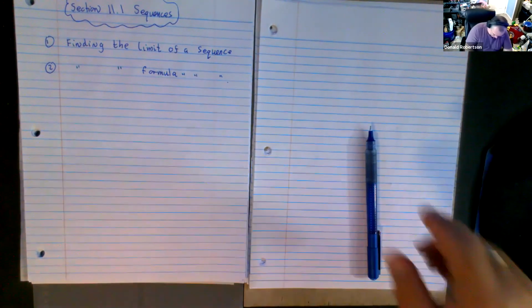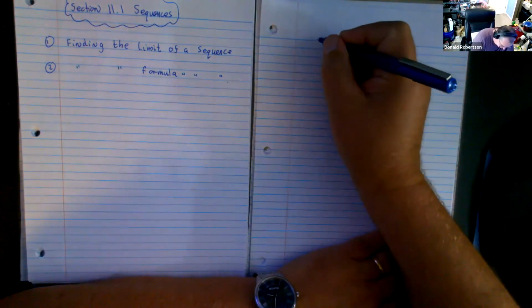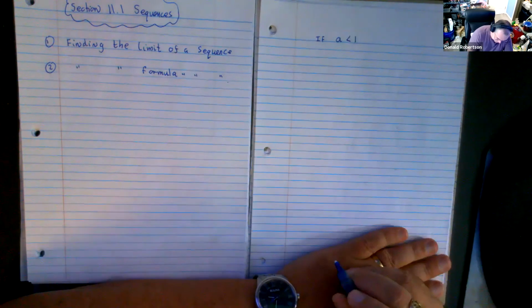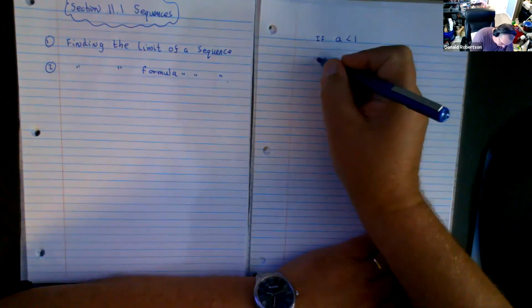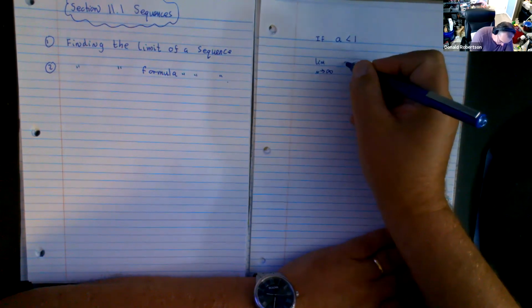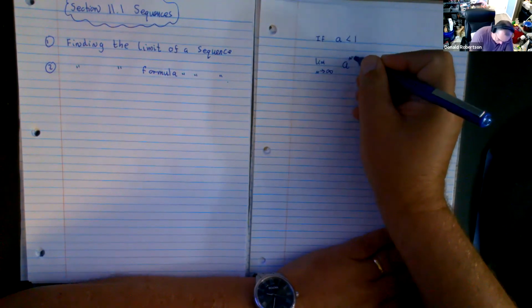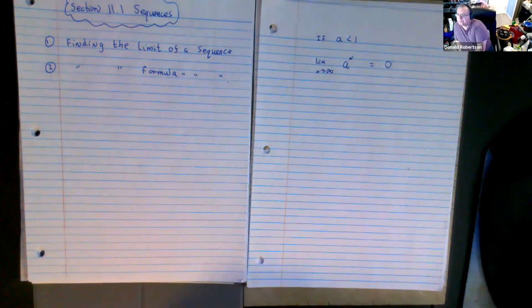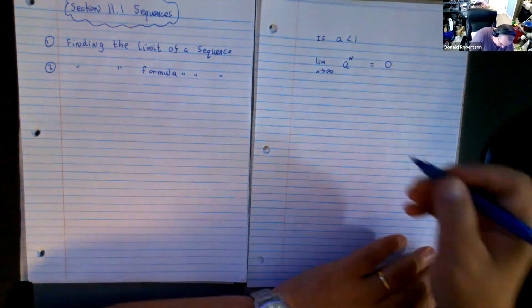So I'm going to tell you something, which I hope makes sense. If a is a number and it's less than 1, then the limit as n tends to infinity of a to the power of n is going to be 0. So what would that look like?